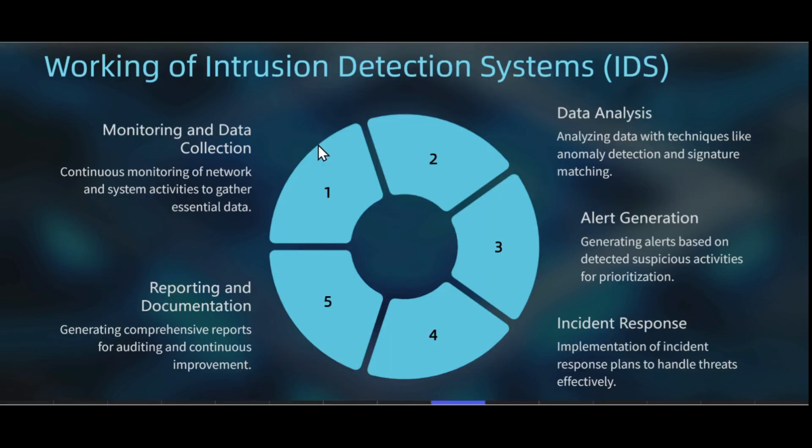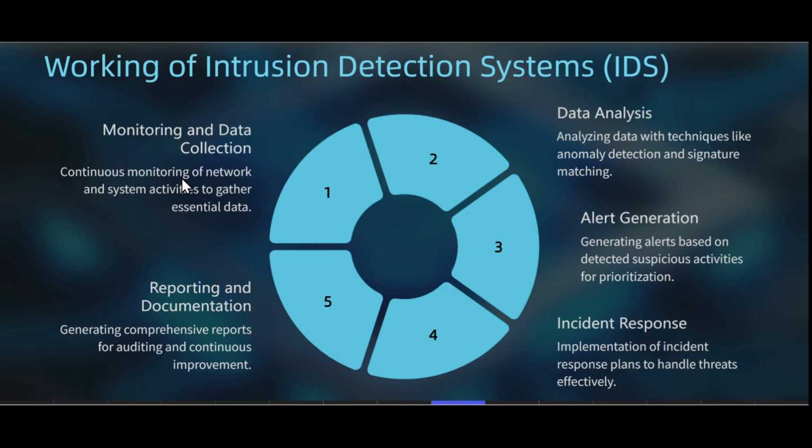Now we learn the working of IDS. IDS operate through a structured process. First, they continuously monitor and collect data from network traffic or host systems. Second, the data is analyzed using signature matching, anomaly detection, or behavior analysis.